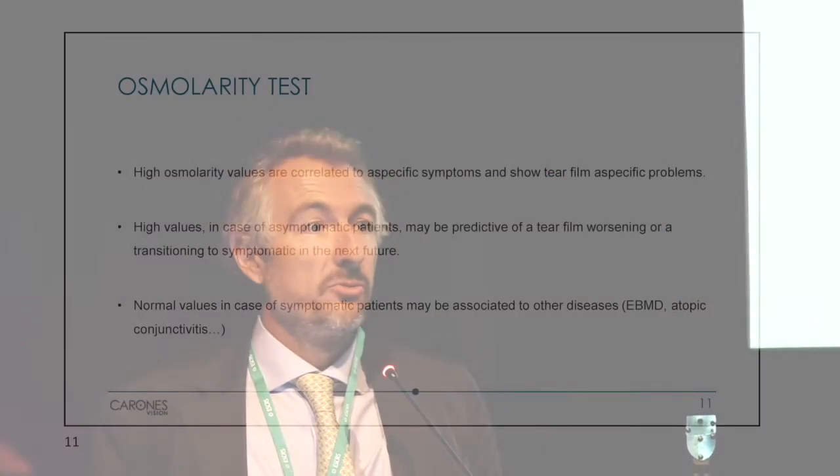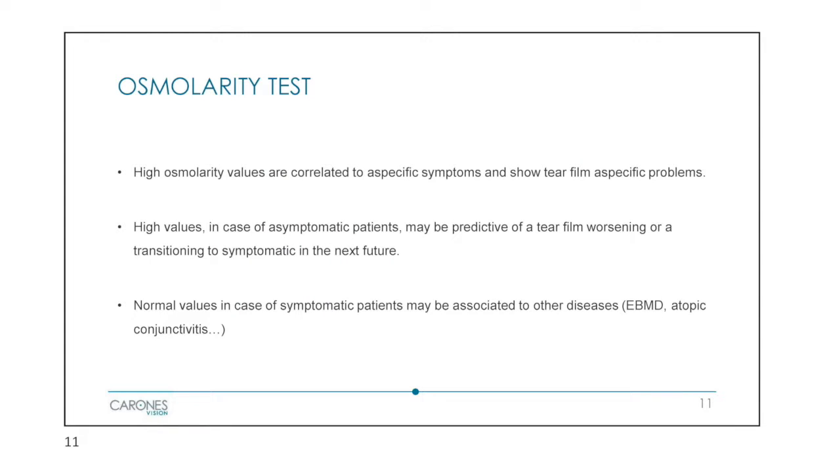So, osmolarity test gives you information because you can have a patient with high osmolarity values and of course also important symptoms, but you can have also high osmolarity with no symptoms, and in this case you can of course suggest a therapy in order to prevent important symptoms in your patient. But you can have also normal values and symptomatic patients.